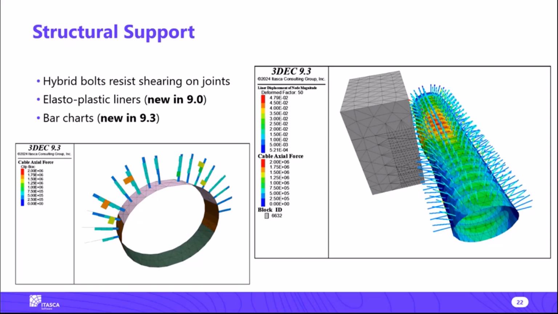Imagine you have some sort of steel piece that's crossing a joint. If that joint tried to shear, there would be some resistance there. You form a little bit of a bend that resists that movement. So that is built into 3DEC with these hybrid bolts, and people use that all the time for modeling jointed systems.